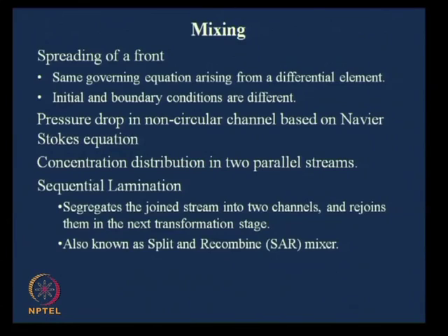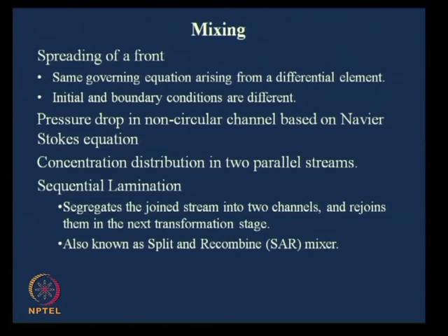So, in fact, the next topic that I will pick up, if you look at the slide, is sequential lamination. Sequential lamination segregates the joint stream into two channels and rejoins them in the next transformation stage. This is also known as split and recombine mixer. So, this is something which we would be discussing.